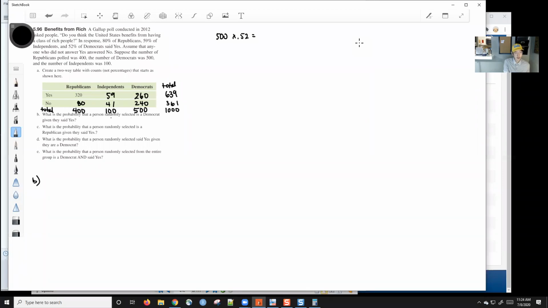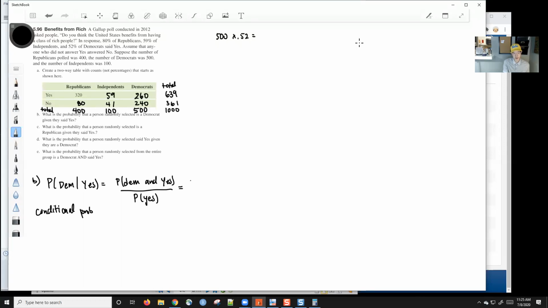What is the probability that a person randomly selected is a Democrat given that they said yes? So this is asking, what's the probability of a Democrat given that they answered yes? We're going to say probability of Democrat and yes divided by the probability of yes. So this is the conditional probability.